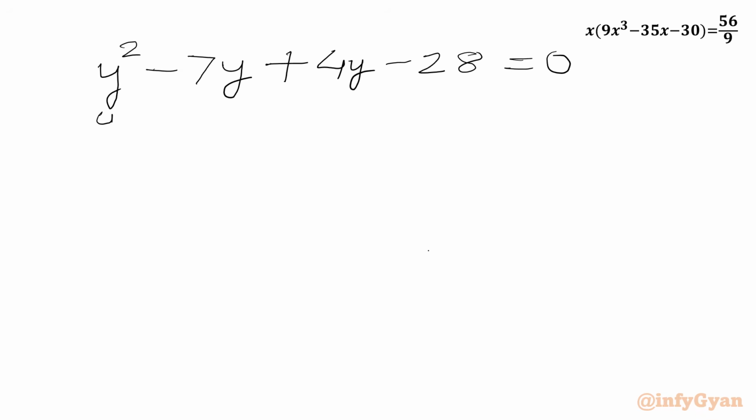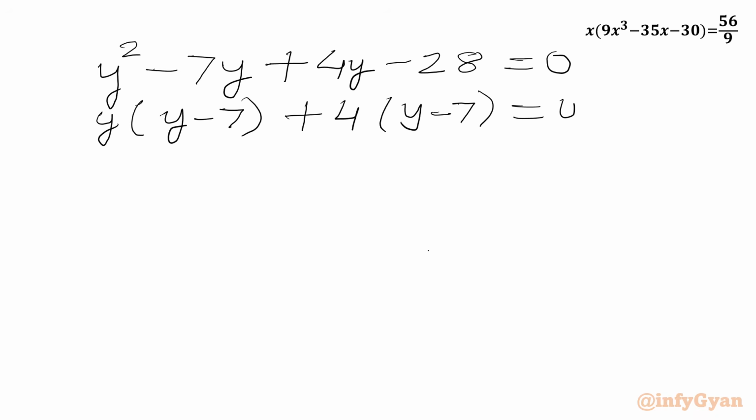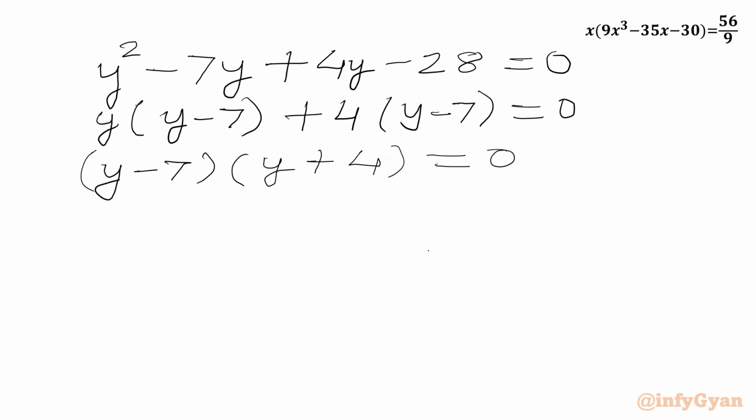Now from first two terms we will take y common. So in the bracket there will be y minus 7. From next two terms 4 is common. So in the bracket we will write y minus 7 equal to 0. Now y minus 7 is overall common. We will get y plus 4 in other bracket equal to 0.